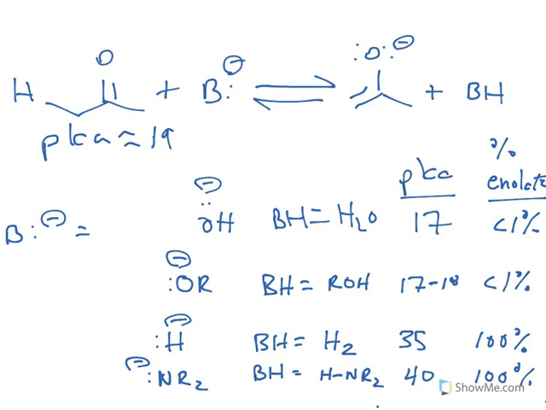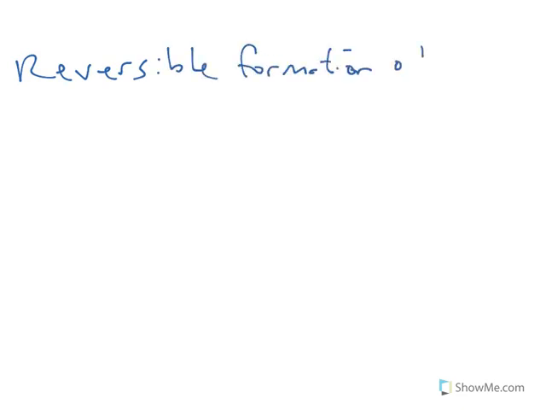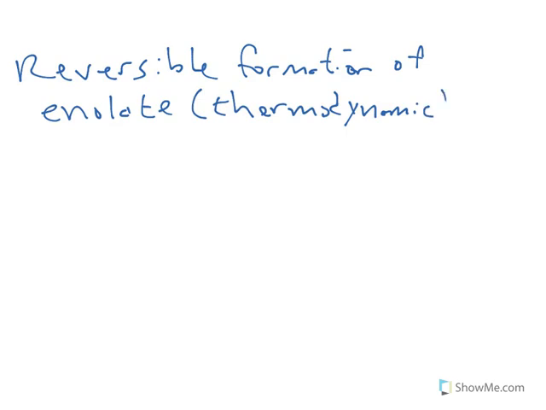Let me give you an example why that would be important. If we want it to be reversible formation of enolate, why would we ever want it to be reversible? Well, this is what we call thermodynamic conditions. In thermodynamics, we like things to be reversible, long reaction times, high temperature, and so forth. Having a reversible reaction is good for thermodynamics, because if we get to the wrong product, we can always go back and eventually get to the right product.